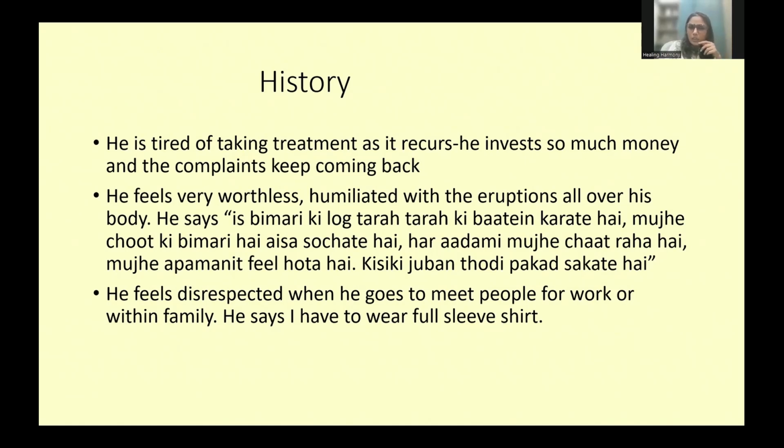It's not a contagious disease, but every person is judging me, as if everybody is filtering me, and I feel very insulted and humiliated. Then he says we cannot control somebody's tongue, but he feels scorned. This is the idea of feeling scorned. He feels disrespected. He feels insulted. He feels judged by people.